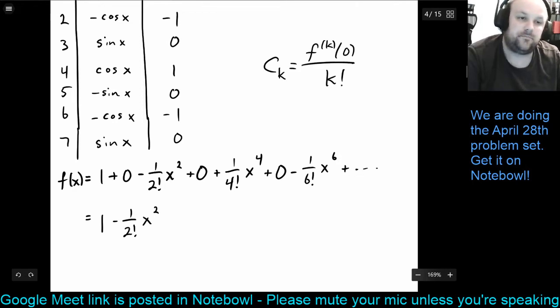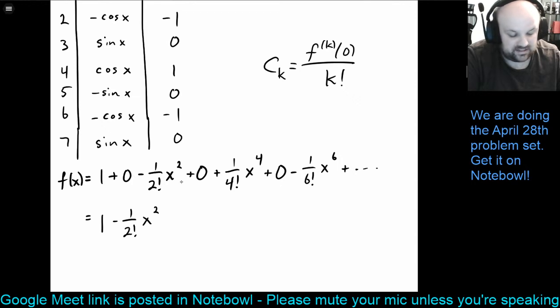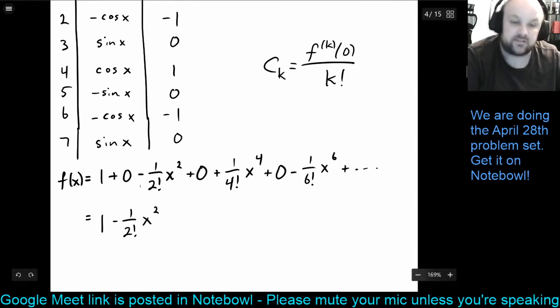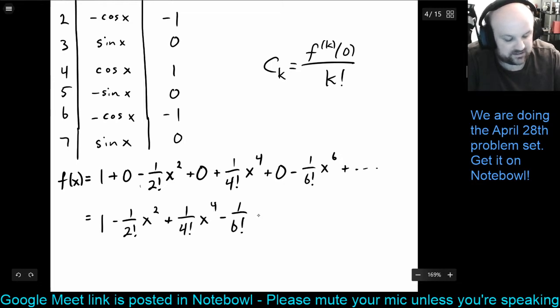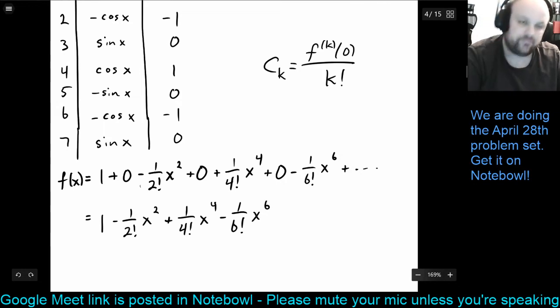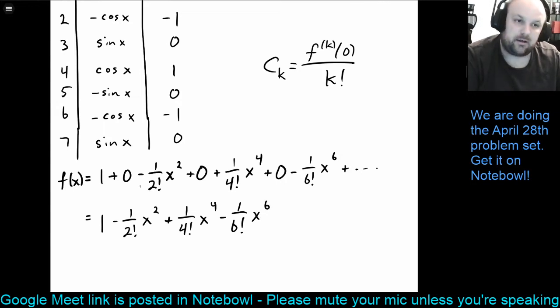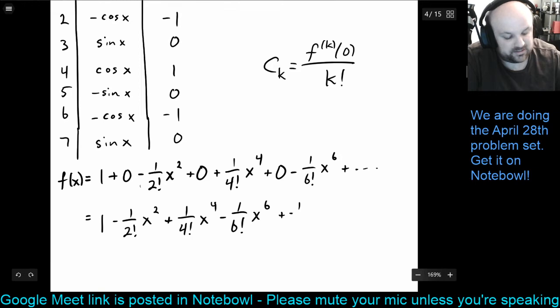That's how these go in a Maclaurin series. And you can check, and you probably won't be surprised, the next term is 1 over 8 factorial x to the 8th.